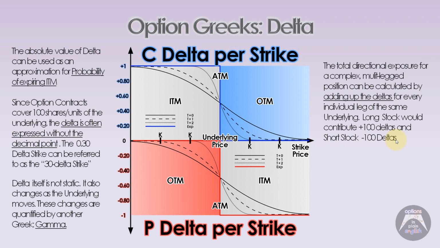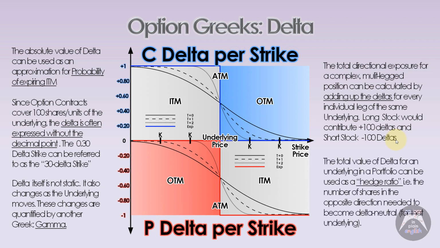Do not add up products or instruments that belong to different underlyings. This is only for the same underlying. They're directly comparable, and you can add them up to get the total exposure, but only if it's the same underlying.